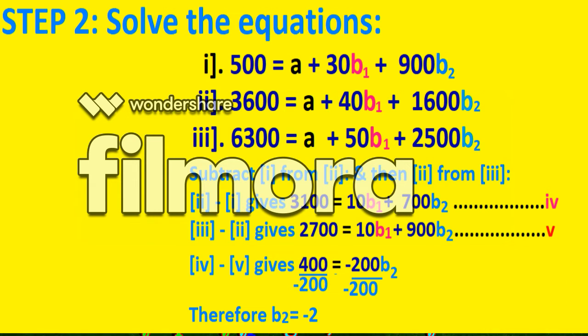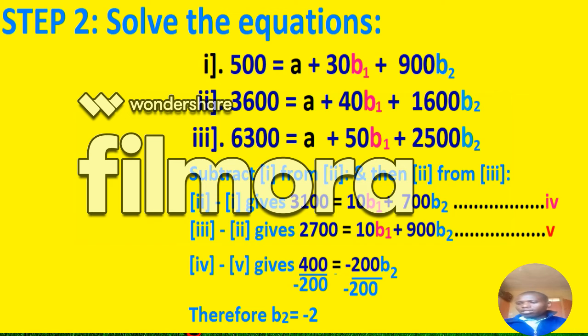Then subtract equation 2 from equation 3, and that is going to give us 2,700 equals 10b1 plus 900b2, and that will be our equation 5. So by subtracting equation 1 from equation 2, we get equation 4, and by subtracting equation 2 from equation 3, we get equation 5.